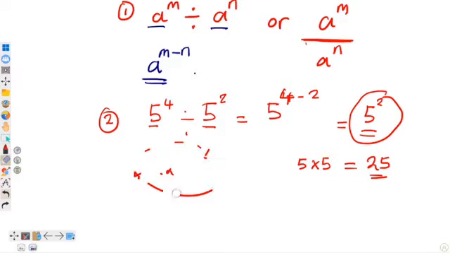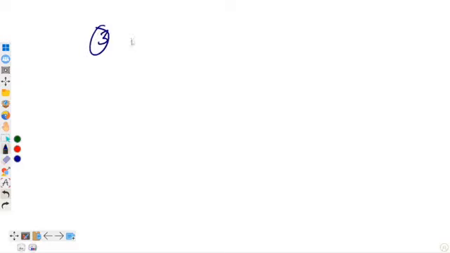We can look at another example. We are on example 3. We have 4 to the power 9 divided by 4 to the power 3. So this will mean 4 to the power 9 minus 3.